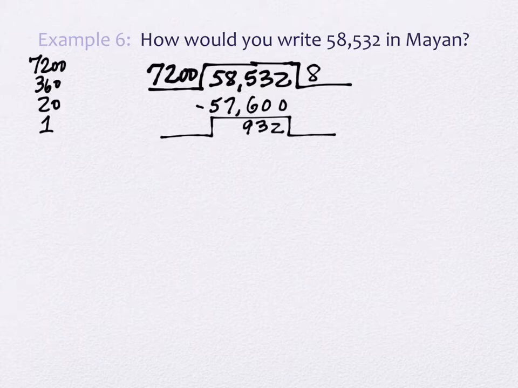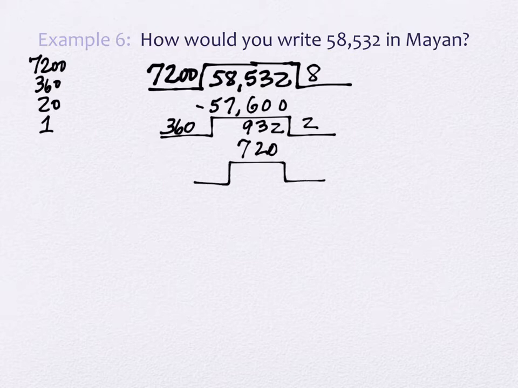All right, so we divided by the 7,200. Now we're going to divide by 360. It's the next place value. So how many times will 360 go into 932? It's 2. 2 times 360, you might be able to do that one in your head, that's 720. And if I subtract, what do I get this time? 212, good.